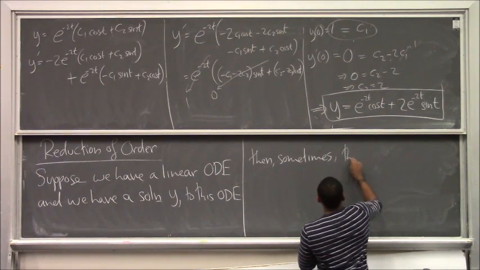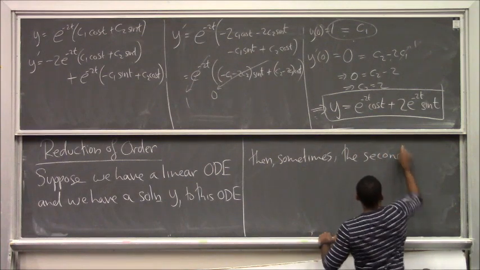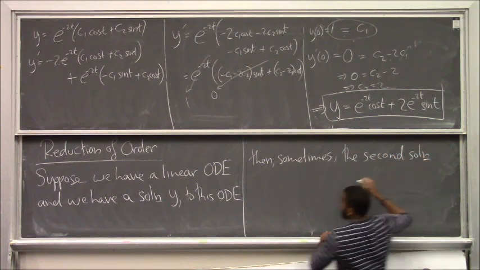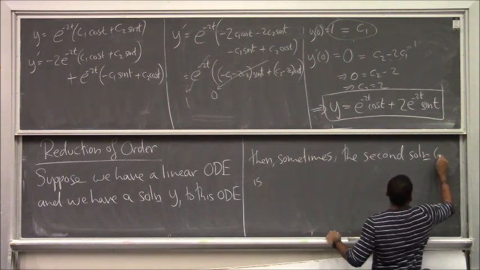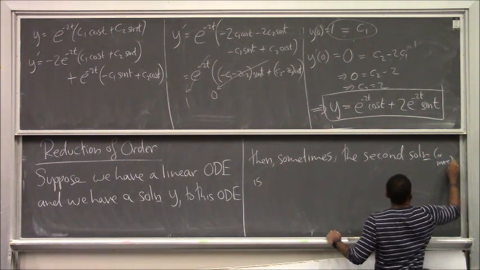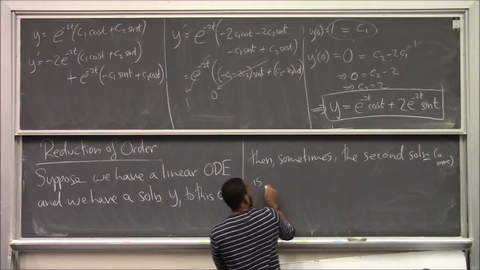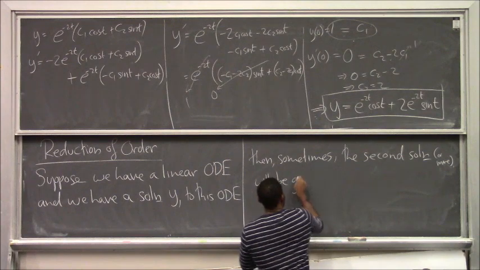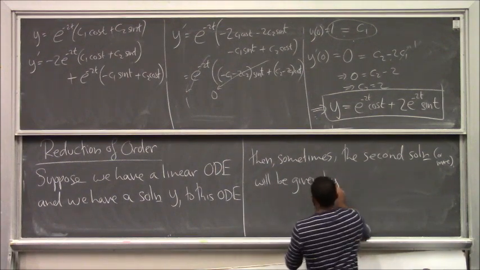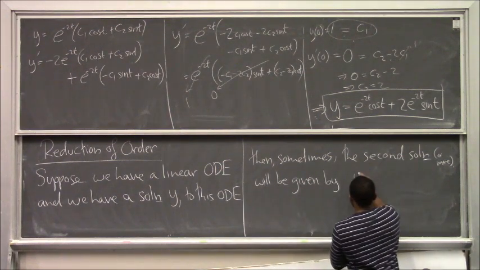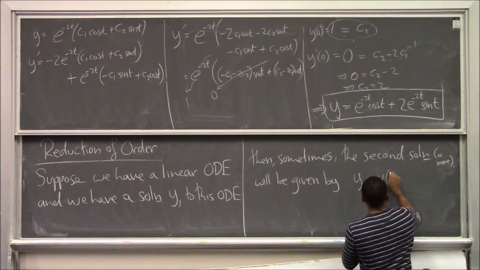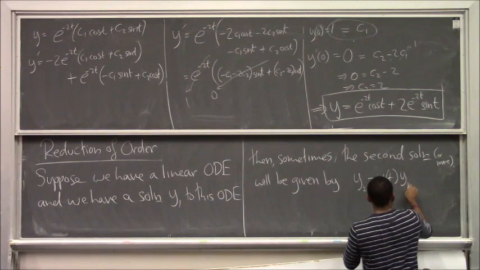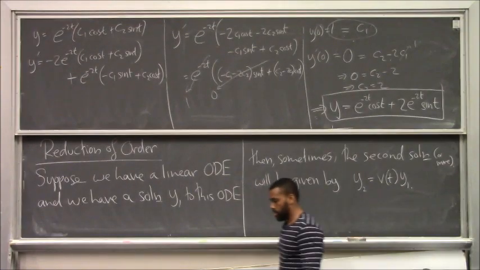Sometimes the second or more solutions will be given by taking, say, another solution to be assumed to be some function times the original solution that you already have.